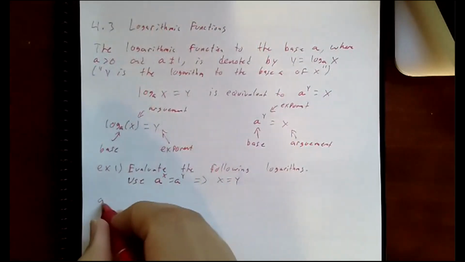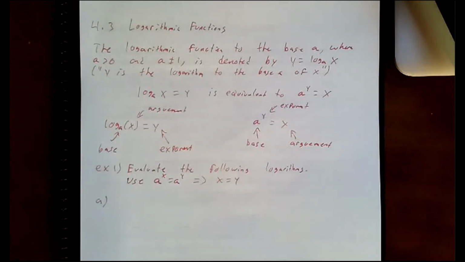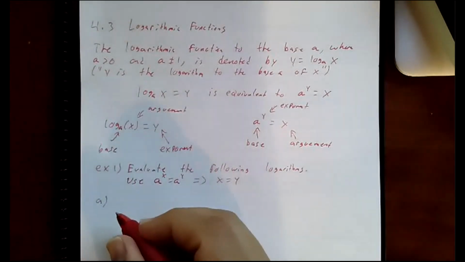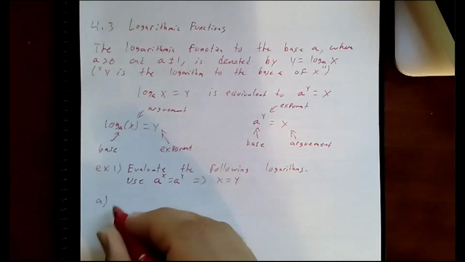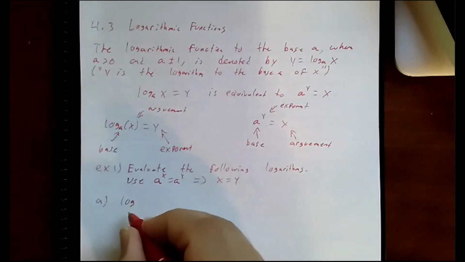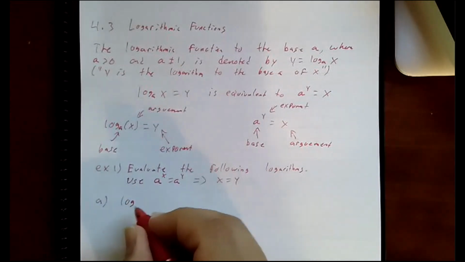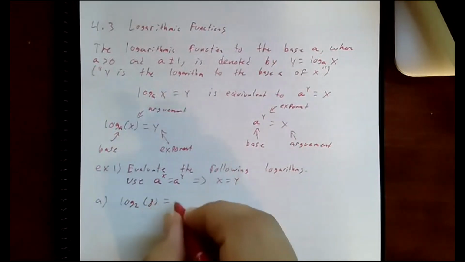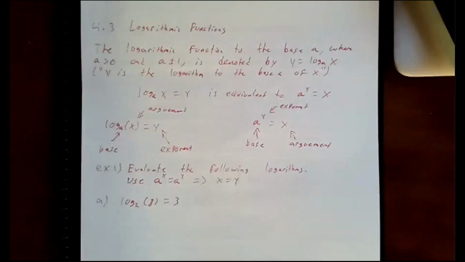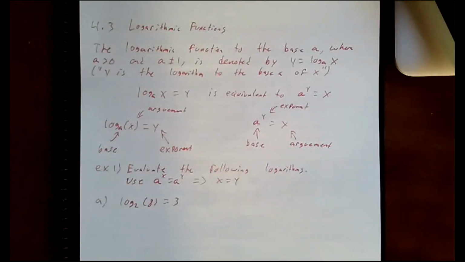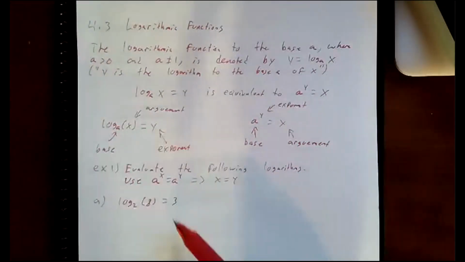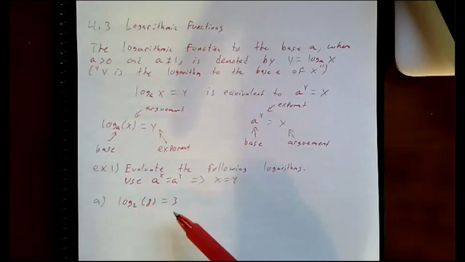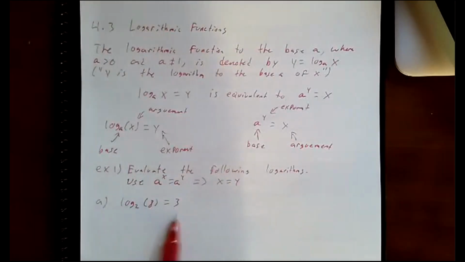Let's do part A. So it says log base 2 of 8 is equal to 3. Here there's nothing to really solve, but what I want you to see is you can use the definition so it can make more sense. Because when you first look at these types of questions, it just looks strange, right?